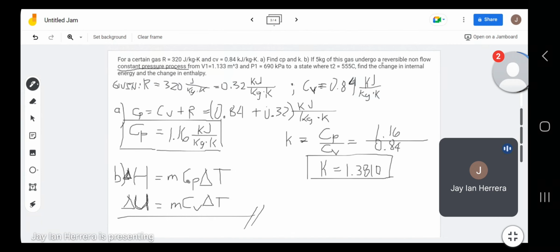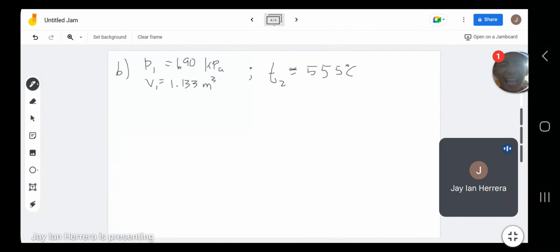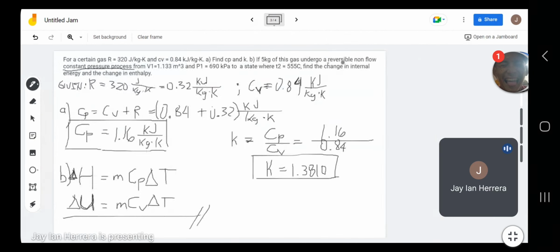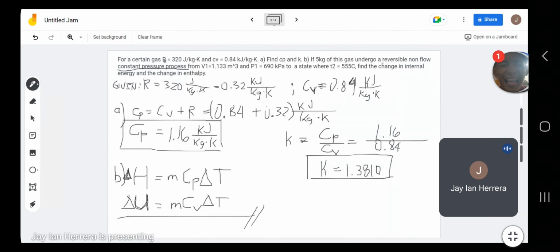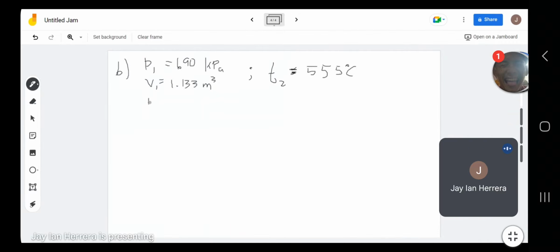So, ang gagawin natin dito, since walang mass, MCV and MCP delta T para makuha si internal energy and the enthalpy... Ito pala ay given pala si mass natin: if 5 kilogram of this gas go reversible non-flow, so given pala tayo ng mass ng 5 kilogram.